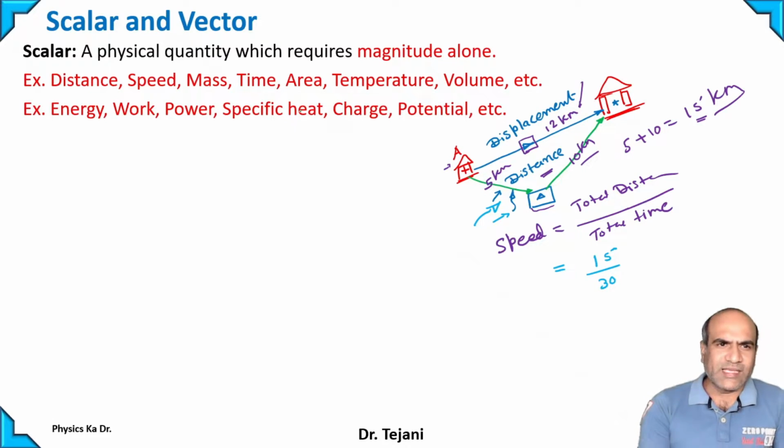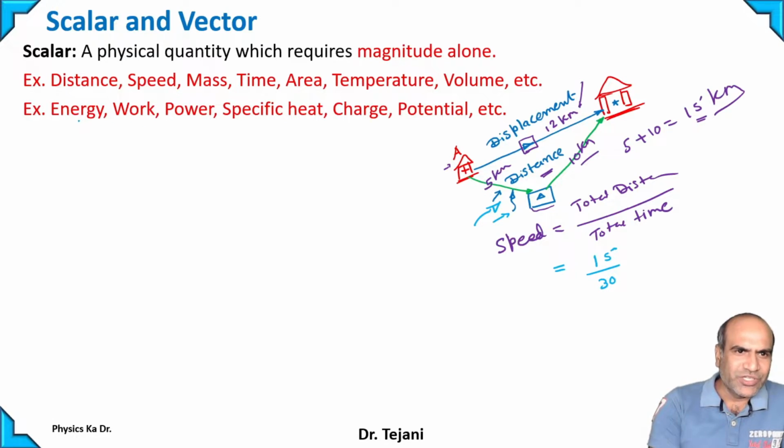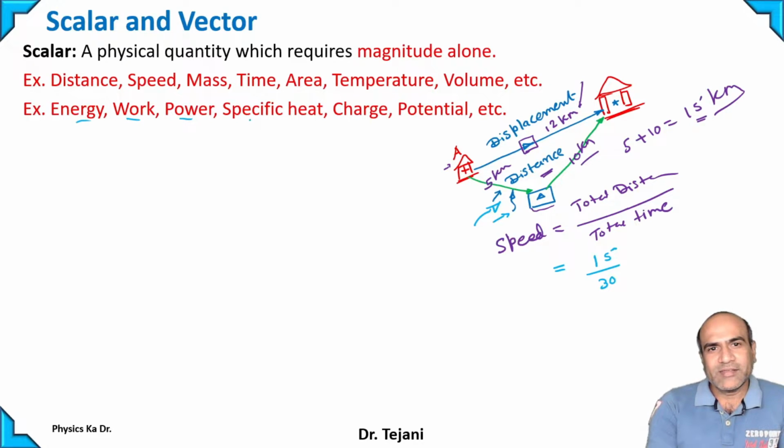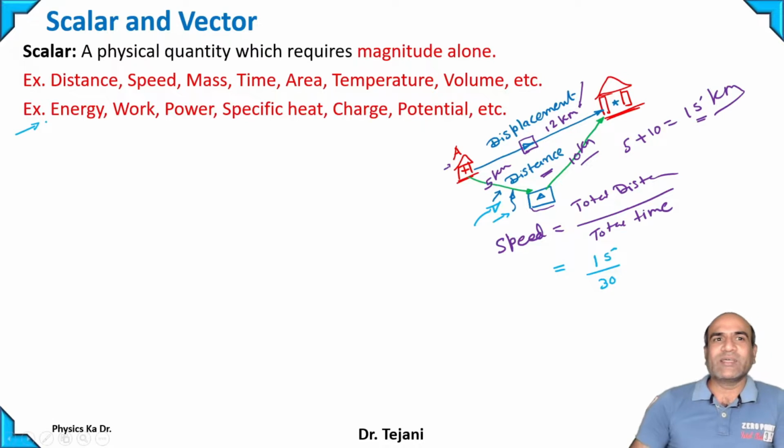There are a few more examples. Another is energy, work, power, specific heat, charge, potential. These all are also a scalar quantity. We will see how this become a scalar quantity, because when you talk about work, there are some vector quantities in the multiplication.